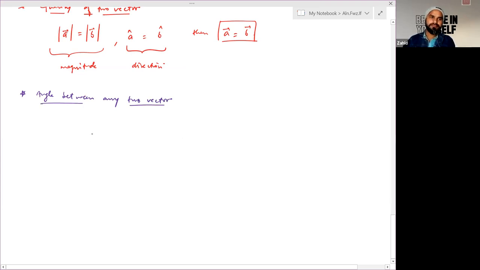Let's say one vector is along this direction, vector A, and the other is along this direction, vector B. Means if the head of two vectors coincides at a single point, these two vectors will be termed as co-terminal vector.